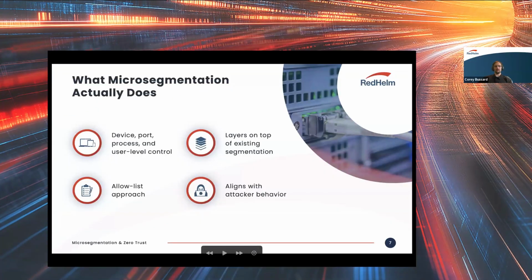All right. So what microsegmentation actually does: with microsegmentation solutions, you want to have visibility and enforcement capabilities around the device, port, application, and user level control. This gains you visibility into how your users are interacting with different devices.